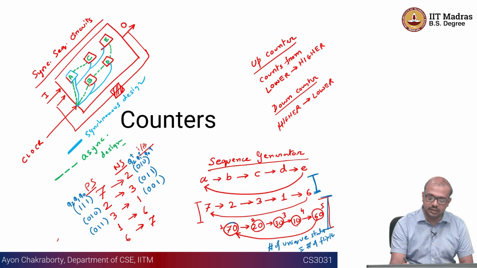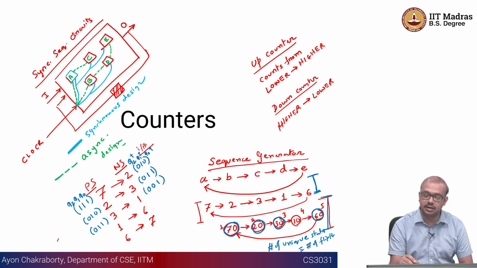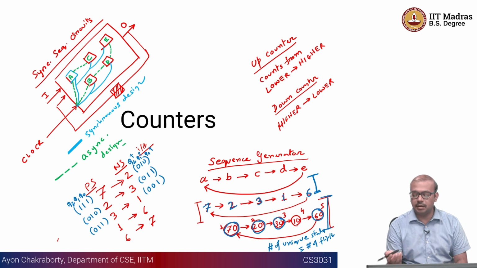So 70 is an output of the state, 20 is an output of the state, 30 is an output of the state, 60 is an output of the state, whereas 7 2 3 1 6 are the state themselves. Okay, anything might be required for you to be designed, right? So depending on that, you have to take the judgment call.